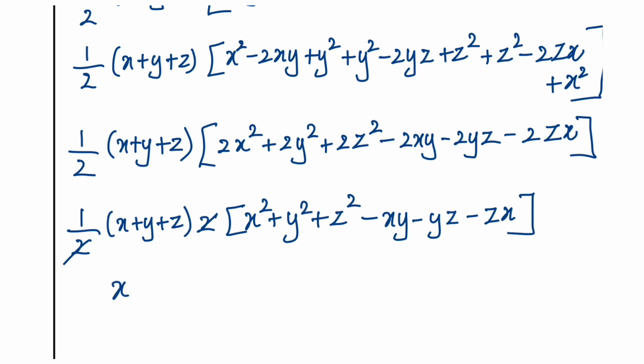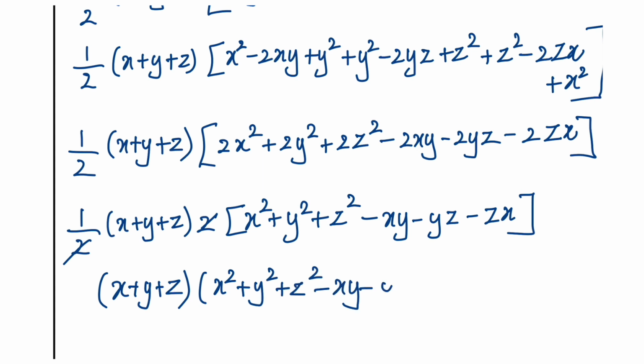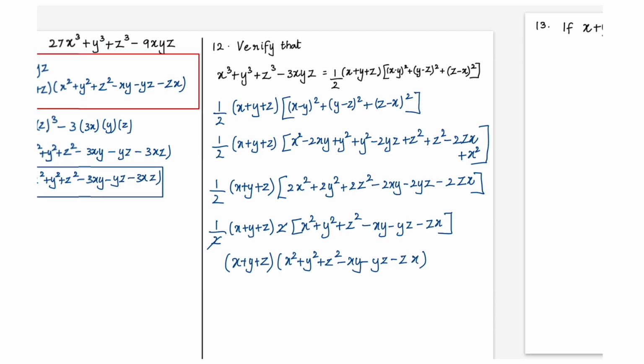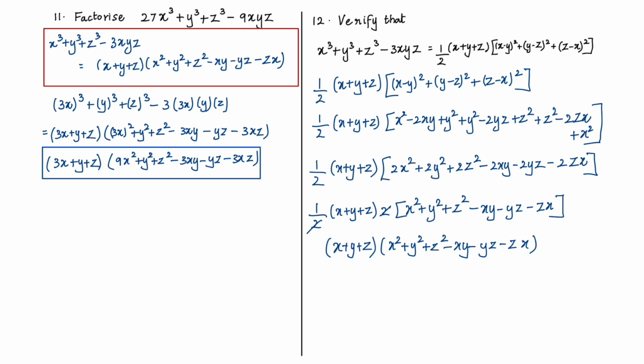Now what we are left with is x plus y plus z into x squared plus y squared plus z squared minus xy minus yz minus zx, right? Now this is the very same identity that we used in the previous question.